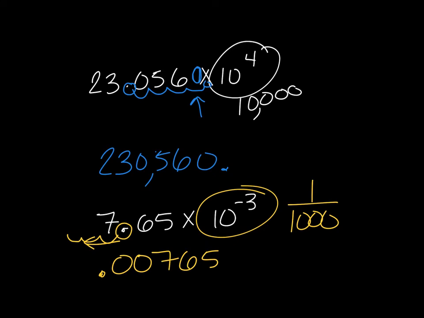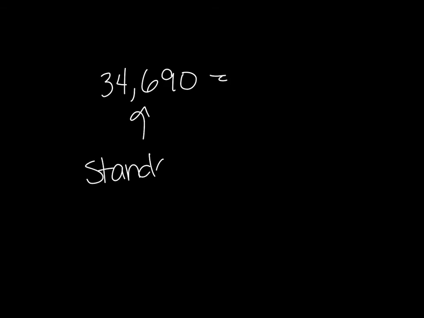What if I wanted to go the other way? What if I wanted to take a number and make it scientific notation? By the way, let's talk about this for a second. If I have the number 34,690, this right here is called standard form. This is probably good for your notes too.